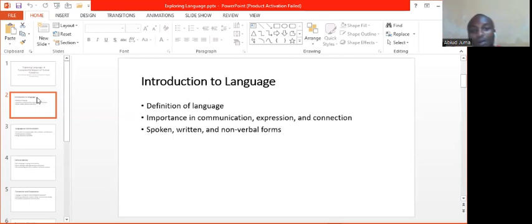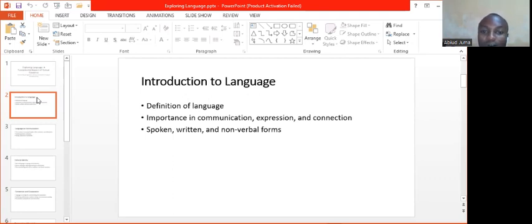Language doesn't just encompass a spoken thing, but can also be written, and can also be nonverbal. When we say nonverbal, this can be the use of gestures and other symbols or signs that can be used for communication. So, importance of language: number one, it is used in communication, as I explained earlier.